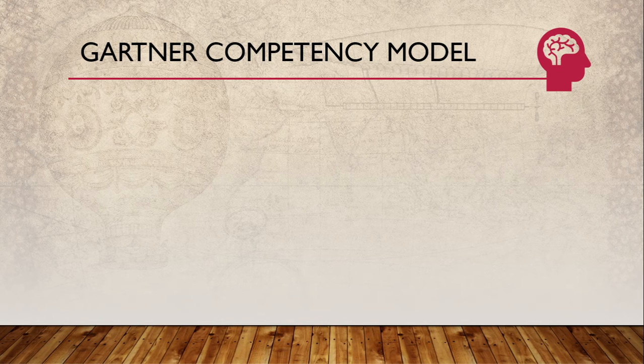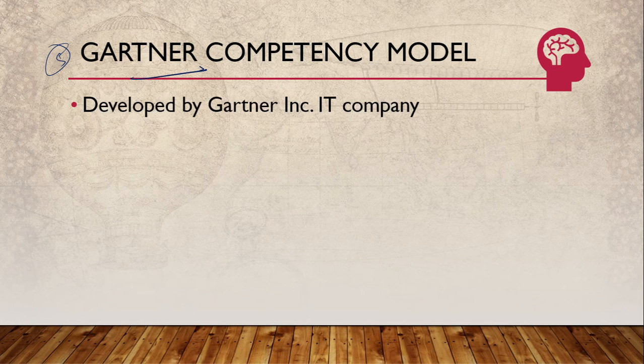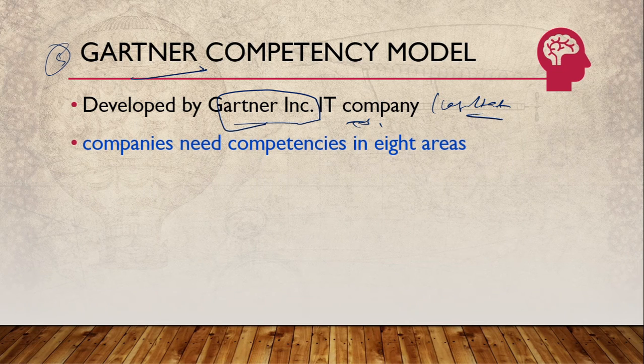Next, the final model which we are discussing is the Gartner competency model. It was developed by the company Gartner Inc. Okay, so it is an IT company or a consultant company. This model says that companies need to have competency in 8 areas.